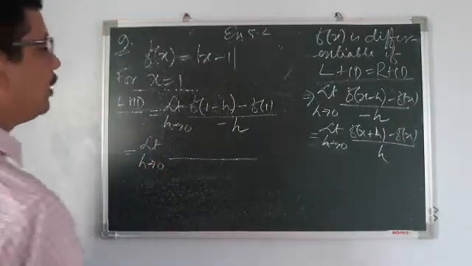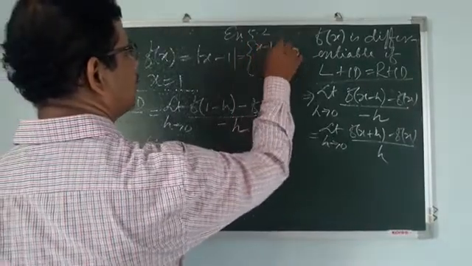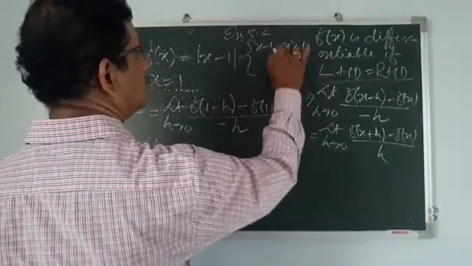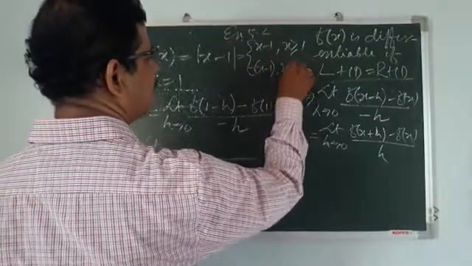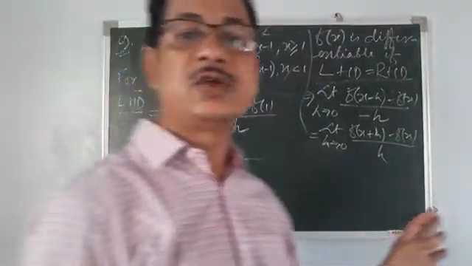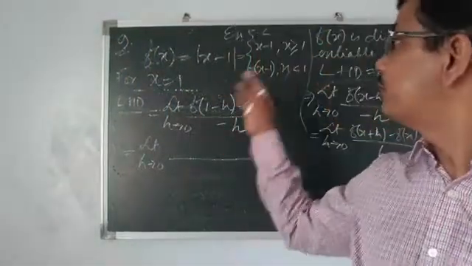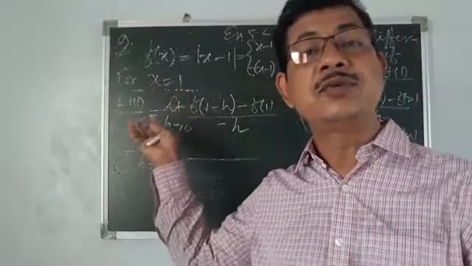Now 1 minus h, this can be rewritten as x minus 1 if x is greater than or equal to 1, and minus (x minus 1) if x is less than 1. This is the way of breaking the modulus function.